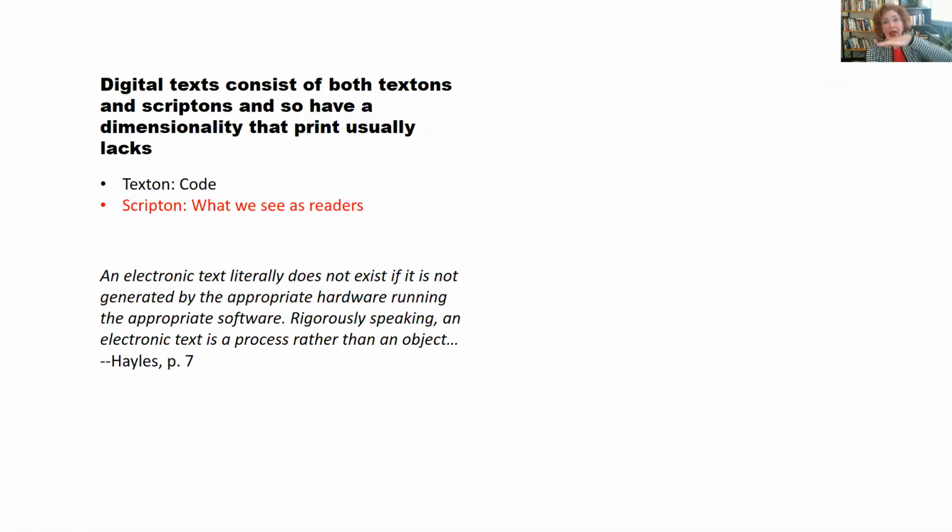So this dimensionality is one of the ways Hayles distinguishes code from print: digital stories have this underlying layer of code, right? We get the text, what we see on the screen, and then we get what's behind it.